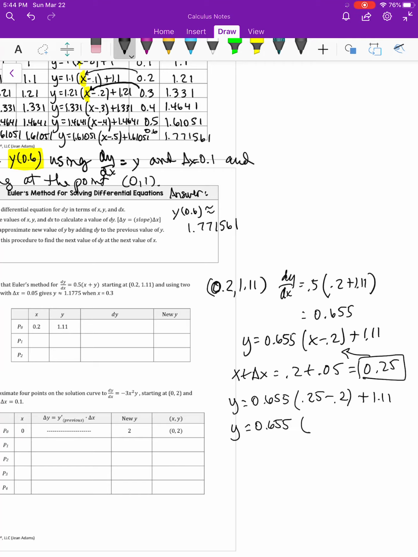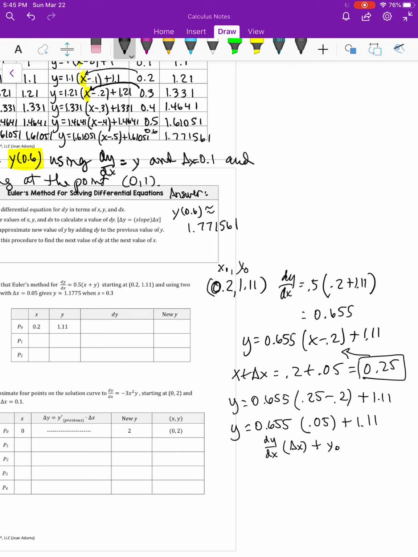So look what happens when you put your x value in and you've only moved it by one increment. You can see that this is your dy dx times your delta x plus your previous y value. I'm going to call that y1, or actually for this one it'd be y sub 0, right?